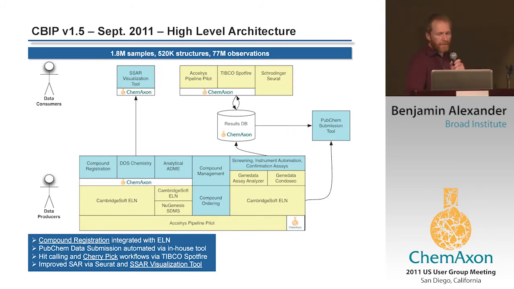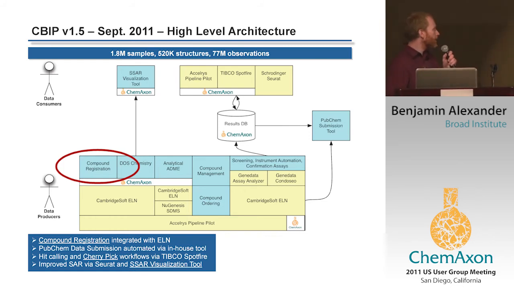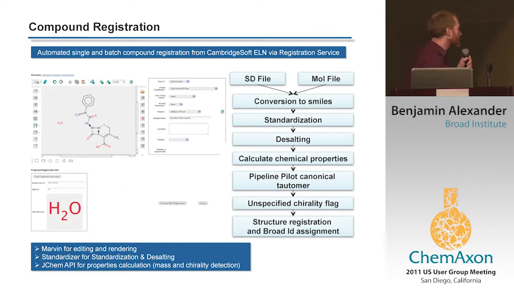Let's talk about another part of the architecture in a little bit more detail. This time, compound registration, which is maybe apropos given the other presentations I've seen this morning. So here are some of the steps that you might undertake in a compound registration system. After getting your molecules, maybe in the form of an SD file or mol files, you then need to convert them to SMILES. You need to go through a standardization step, desalting, calculate some chemical properties.